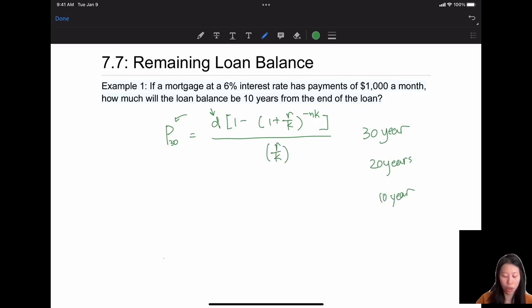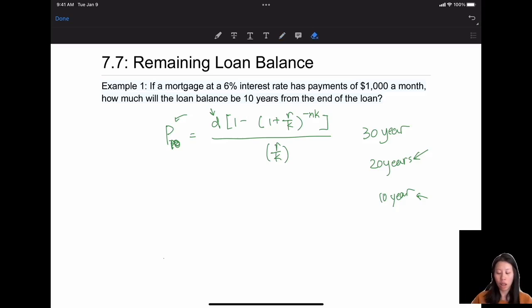Then you can think, what will be the remaining balance? That's how much you still need to pay, and that will be your remaining balance for 10 years. So if N is equal to 10, then we will figure out the remaining balance. But if you set N equal to 20, the time of the year equals 20, then you will get how much you have been paying towards the loan balances, not the remaining, how much you've paid off.